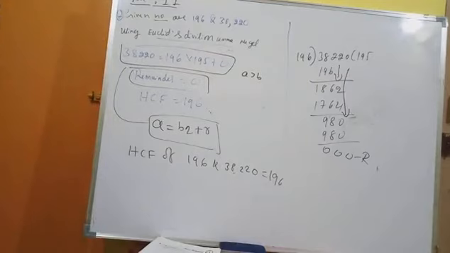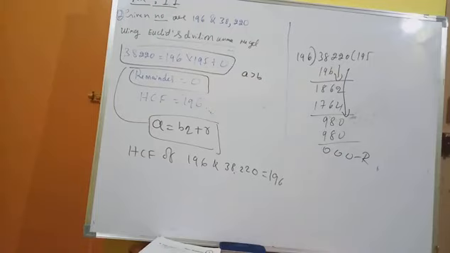The HCF of 196 and 38,220 will be 196. Okay, next class we will discuss another problem or the next concept.